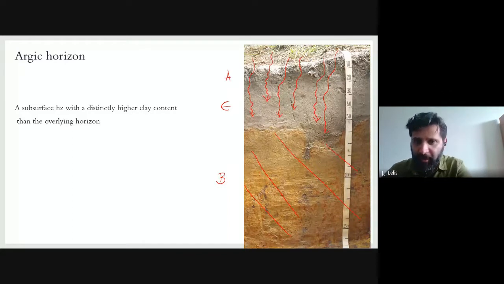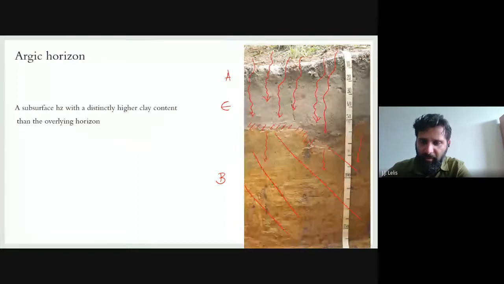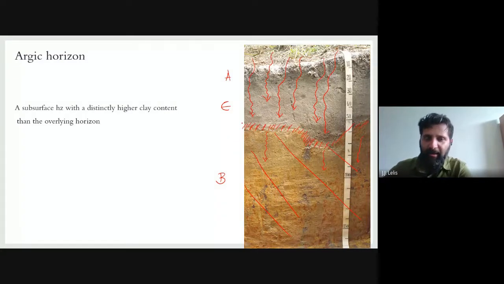So the penetration of water here is not so fast, and water could start to be stagnant here. Water starts to be stagnant, and we start to accumulate water in a position higher than the water table.